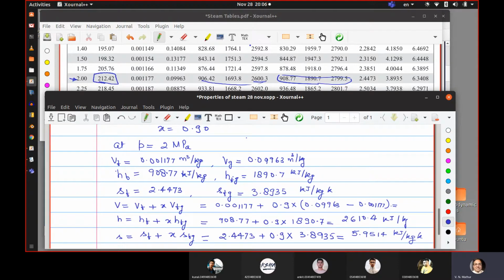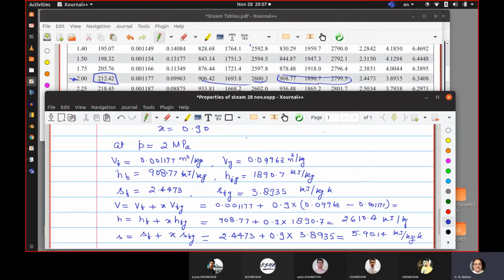0.09963 minus 0.001177 is 0.098453, multiplied by 0.9, gives 0.088, plus 0.001177.